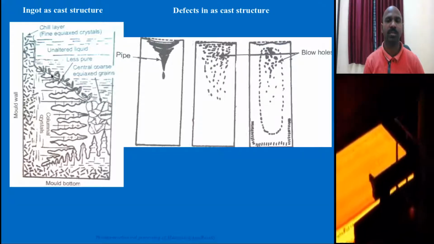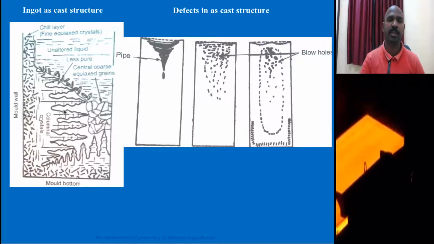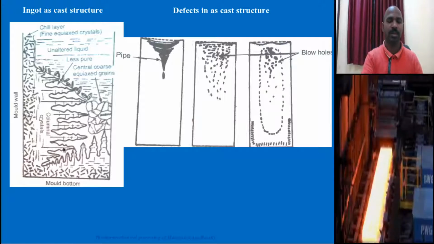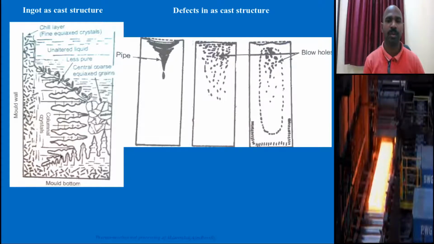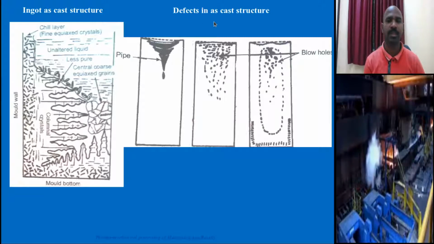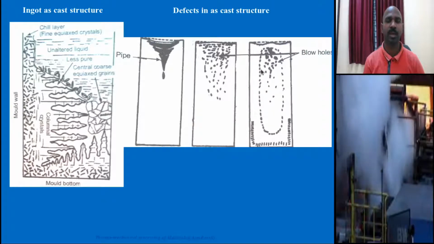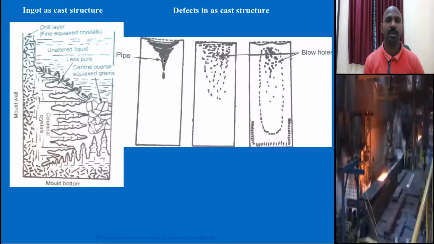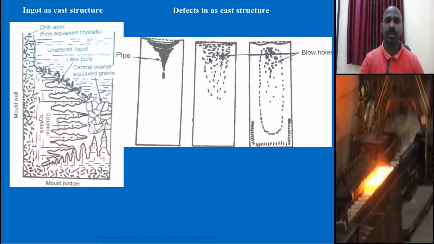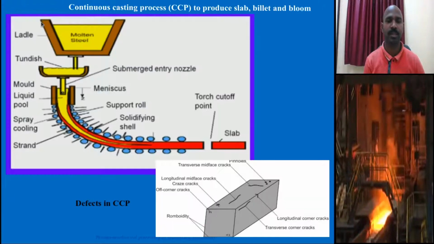This is a main dendrite, and these are the dendrite arms and interdendrites. These arms also further grow. This is the as-cast structure, and there are defects in the as-cast structure, such as blowholes and pipes. These are basically oxides formed inside this ingot casting product.